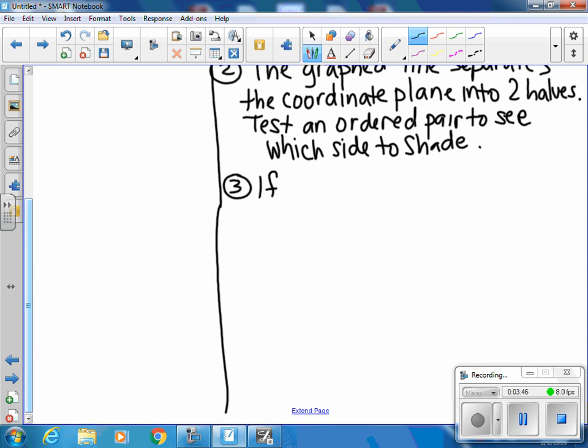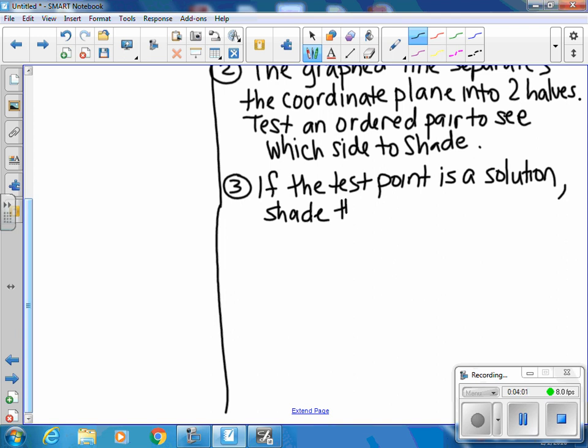If the test point is a solution, shade that side of the line.